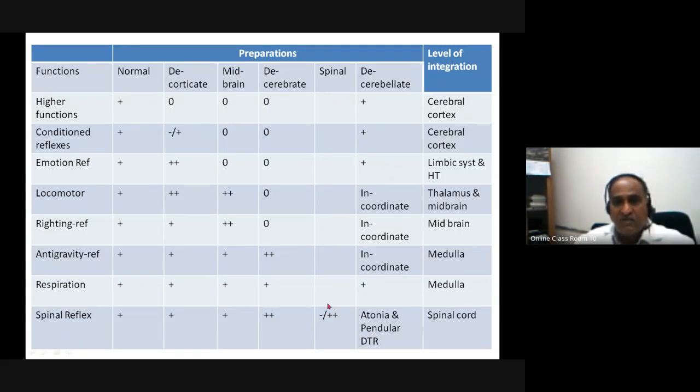All things are normal. That is why I have not mentioned anything. Here, the only thing is the spinal reflex at the level of the lesion and below the level of the lesion. At the level of the lesion, they are lower motor neuron type of activity, and below the level of the lesion, it is upper motor neuron type. There is increased tone and increased deep reflexes. That is about the spinal animal.